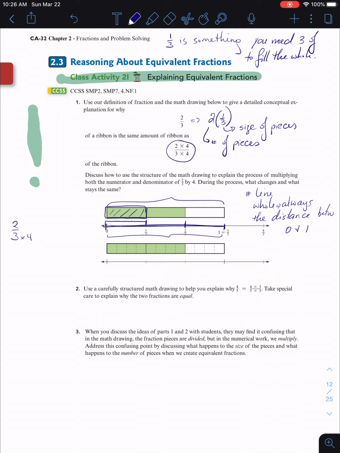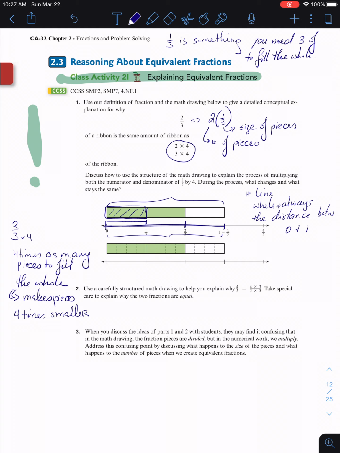So we are saying that you need 4 times as many pieces to fill the whole. So are the pieces bigger or smaller? It makes the pieces 4 times smaller, right?